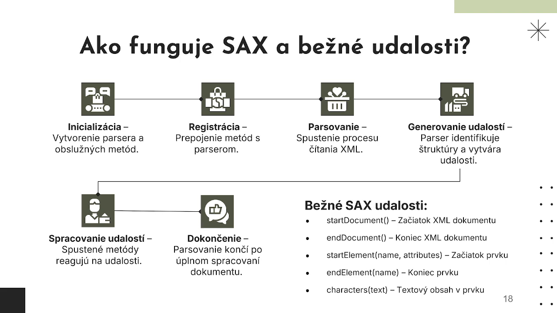For example, when it sees the start of a tag, it calls the startElement method. For text, it will call the characters method, and so on.